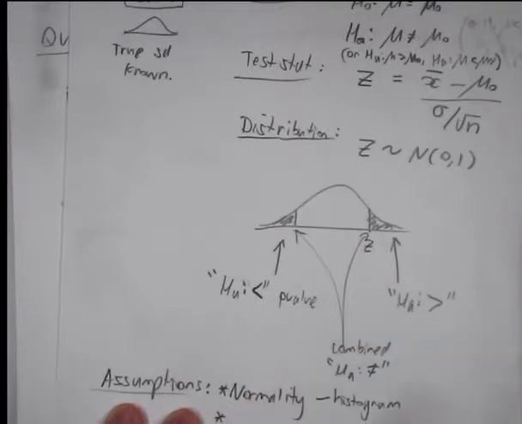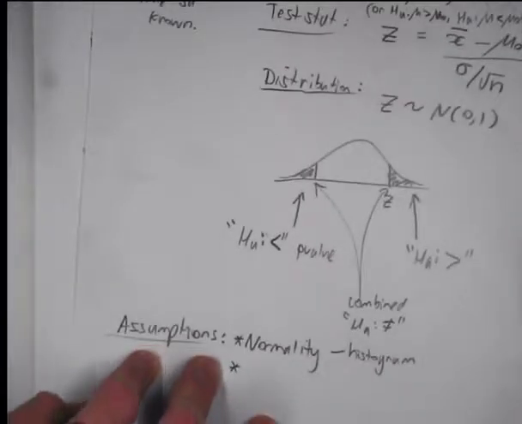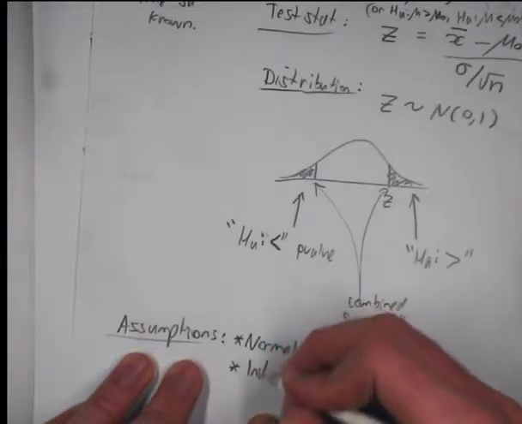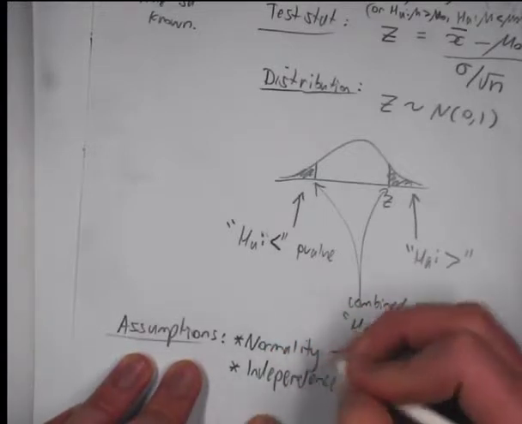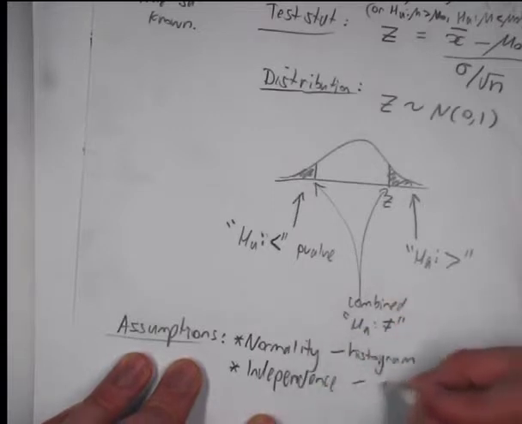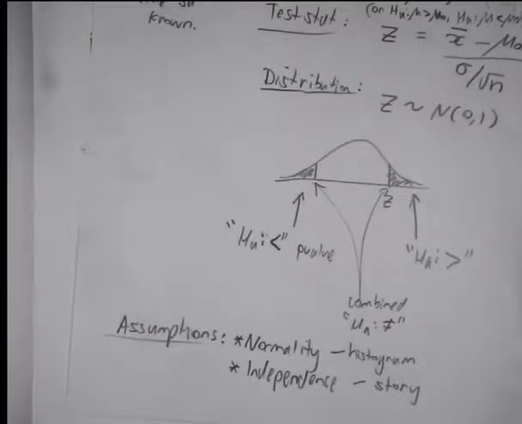That's an important assumption for this one as well. I don't think there's any more. Oh, independence. It's always independence. You could only get that from the story of how the data was collected. There's no way to check independence with a graph.